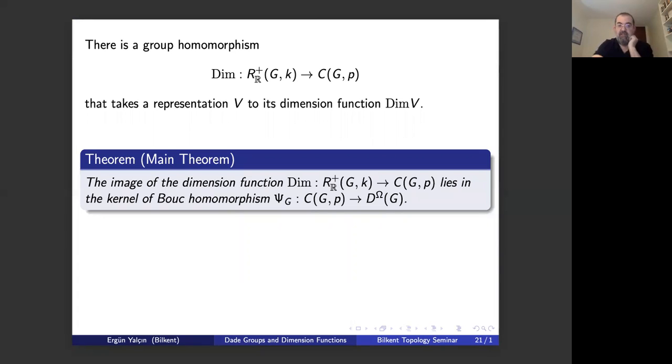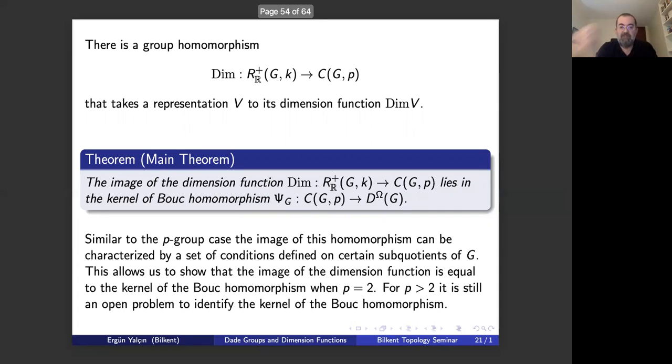So the real representation ones sit inside the kernel. And for p equals 2, it is the entire kernel. So for p equals 2, there is nothing else; the kernel is just the dimension functions. For p odd, it's an open question if they are equal. So for p odd, there could be some problems which we don't know how to solve.